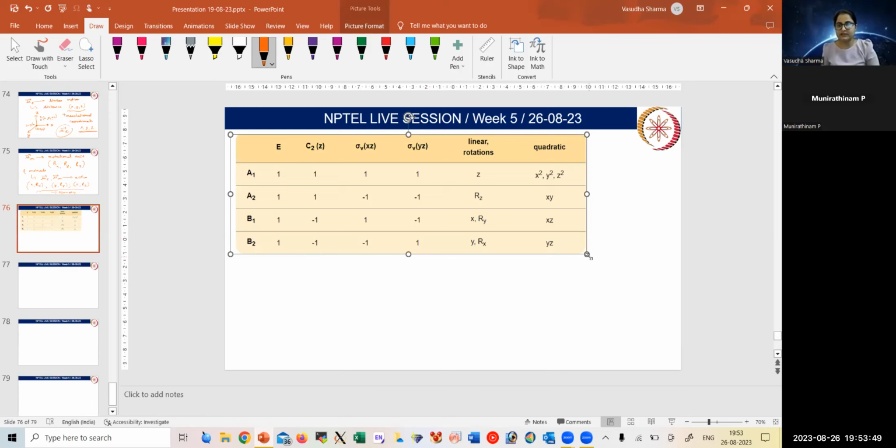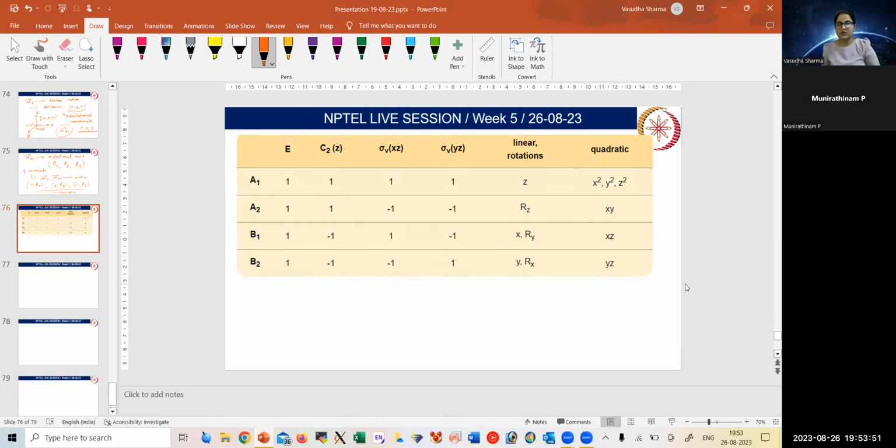A character table combines all the elements, all the operations, and it will give you the order of your particular molecule. In the starting lectures, we understood that a molecule can be classified whether it is linear, whether it is in a cubic point group symmetry, or dihedral, or a single axis. That we understood, right?